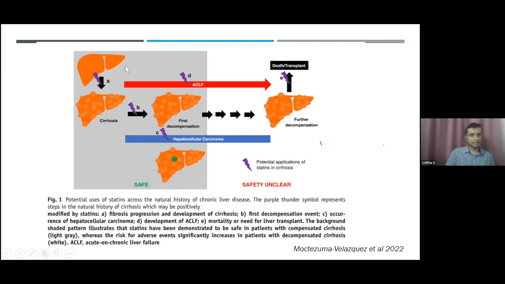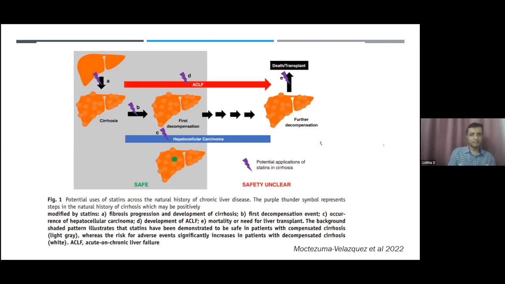One thing is that the progression of NASH or any form of liver disease into cirrhosis or the fibrosis part might be inhibited or delayed by statins, as well as the progression from the onset of cirrhosis to the first decompensation, as well as acute or chronic liver failure and development of hepatocellular carcinoma, or even the overall mortality. There is a potential benefit by the usage of statins.